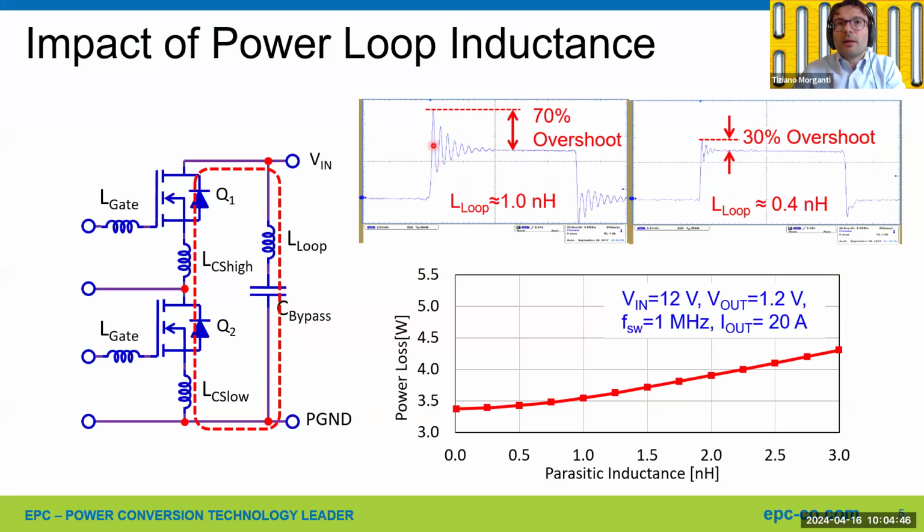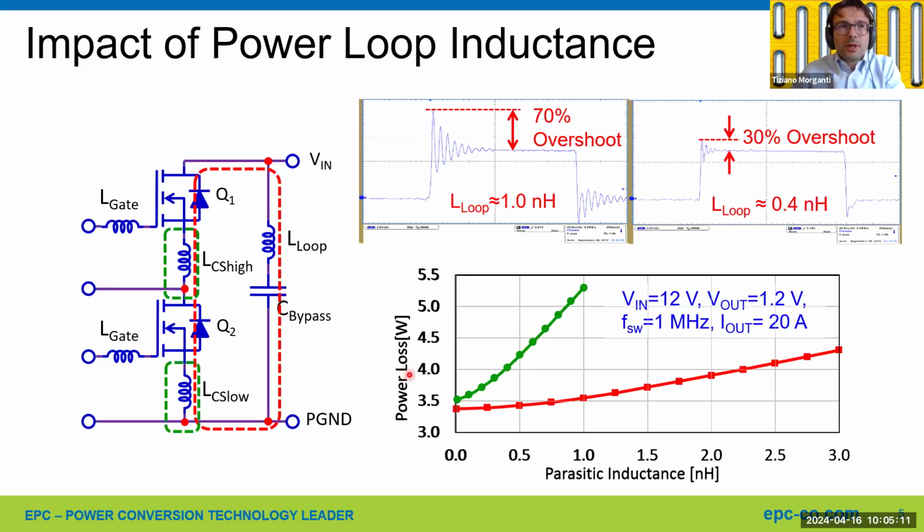One is the higher overshoot, so you will need higher ratings for the VDS on the device, and also the EMI is affected because those ringing in the switching node and in general in the voltage nodes of the converter is radiating EMI.